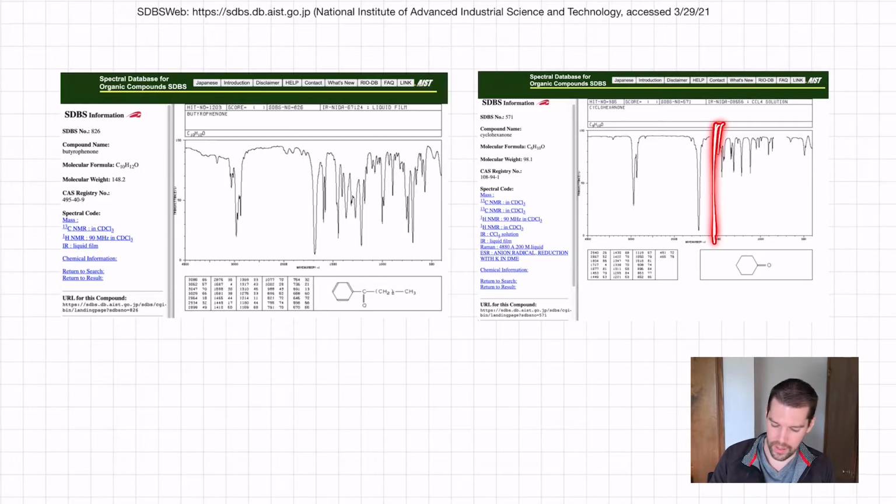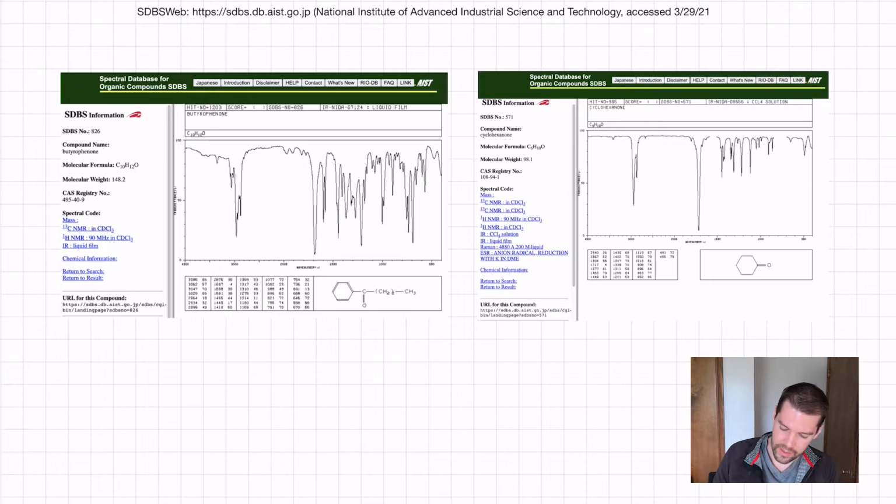Again, we don't need to know anything on this side. So this C double bonded to O shows up in the same place in both of these roughly, right? 1700, strong, sharp peak. That carbonyl needs to scream at you, okay? Just like the alcohol should really stand out. A carbonyl should really stand out.